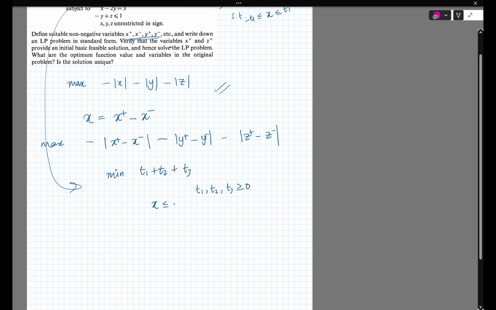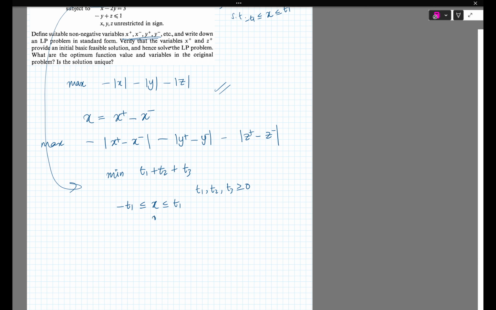Your x is between minus t1 to t1, and y is similar. And you have the other constraints also: x minus 2y plus 3.